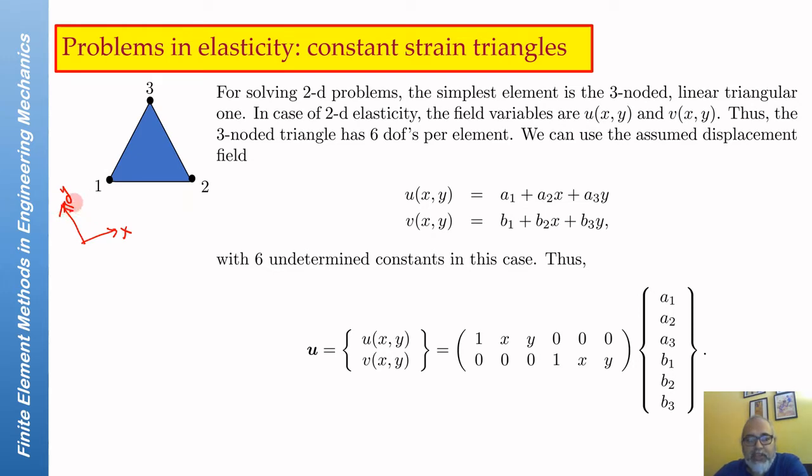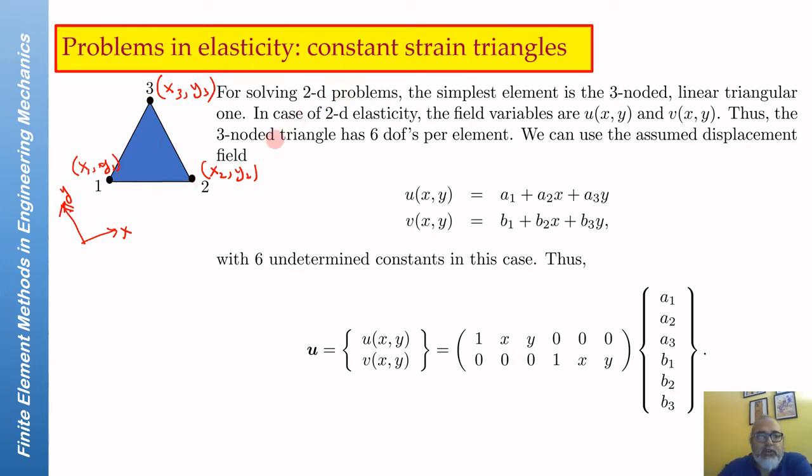This is the global x and y axis, and with respect to it, node 1 has nodal coordinates x1, y1, this is x2, y2, and this is x3, y3. These are the nodal coordinates in the global coordinate system of the three nodes of this triangle.